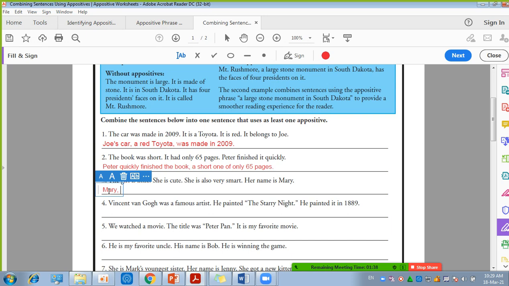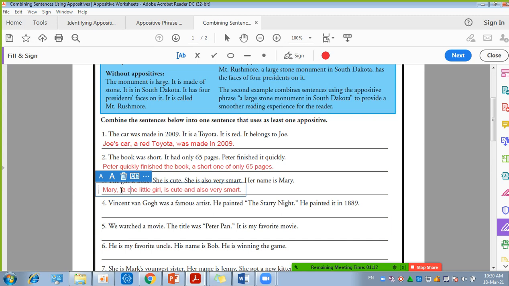This is her sentence again. Mary, the little girl, comma, is cute and also very smart. Okay, fine.